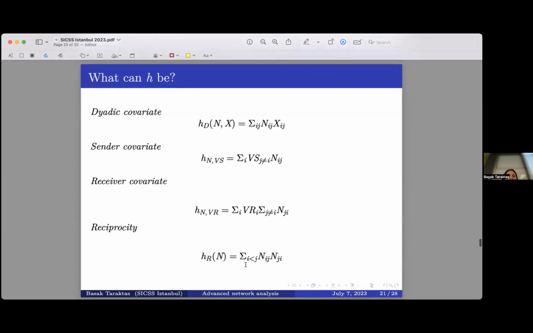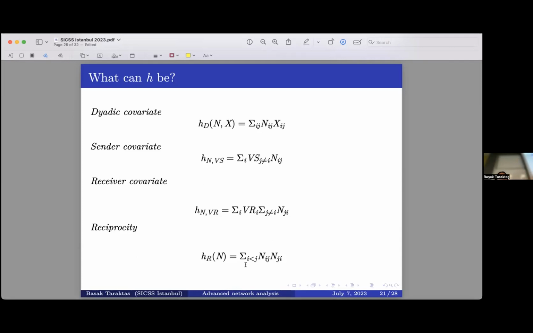So what can H be? The effect that we are modeling can be a dyadic covariate, like being democracies or being autocracies, if you're modeling some interstate relationship, or a sender covariate, for example lending money from one state to another state.